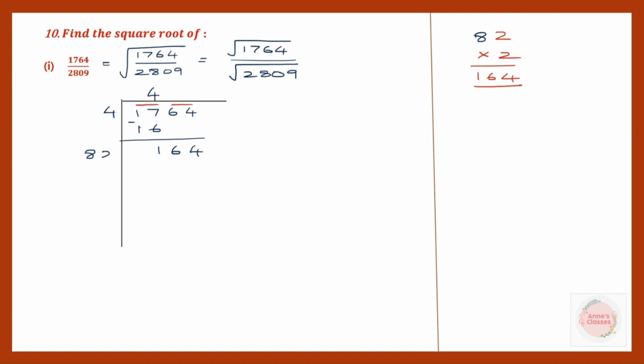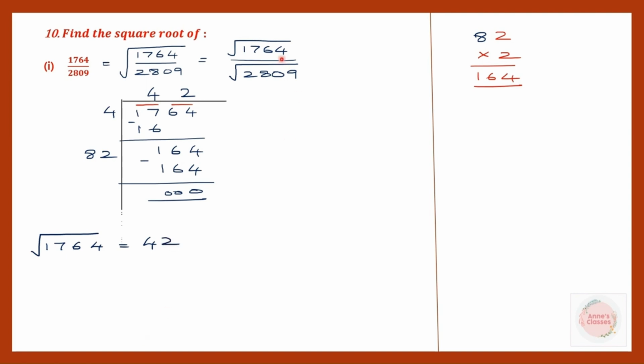So here we have 2. So 82 into 2 is 164. When you minus, you get 0. So now we have found the square root of 1764, which is 42. So let's write that down here. So the square root of 1764 is 42.